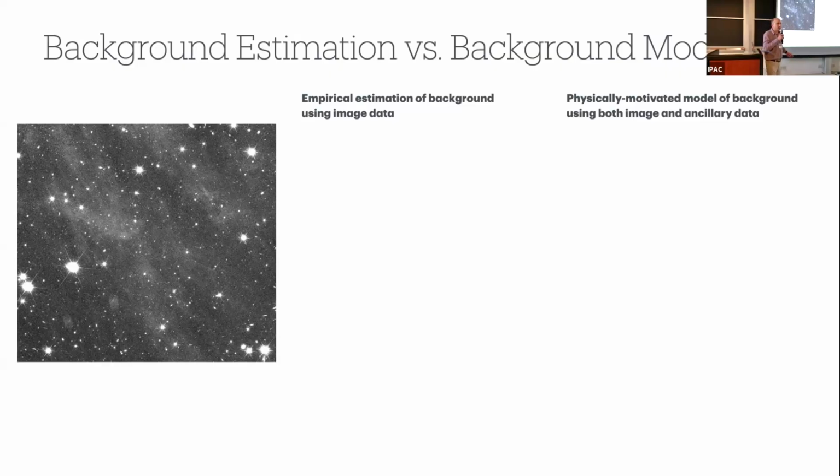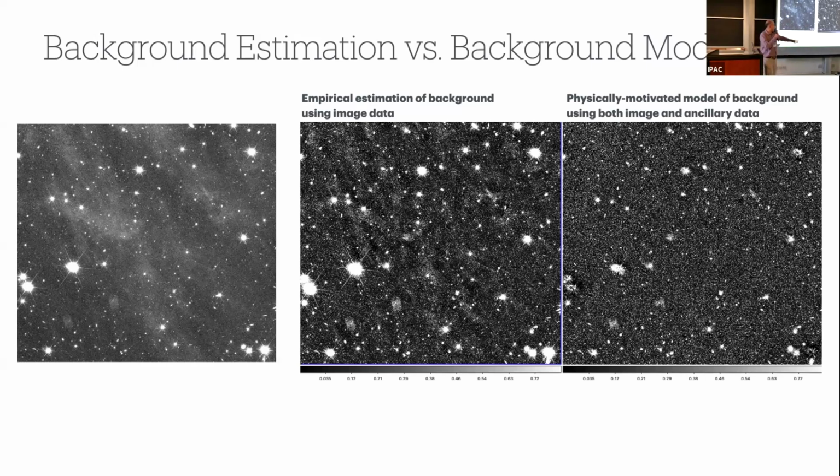One is empirical estimation of the background using just the data we have available, as well as a physically motivated background model that uses both ancillary data of stuff that we know is going on and the image data that we have. If you just use the image data that's readily available, then you get this middle image. And if you use a more physically motivated model for the background, you're able to get this cleaner and more foreground-free image on the right.